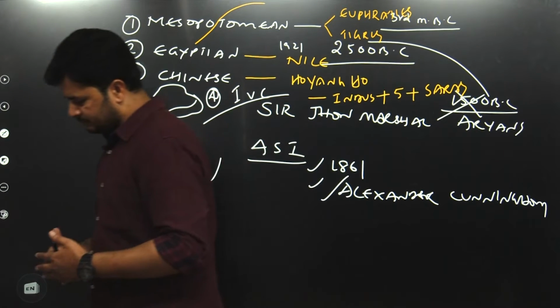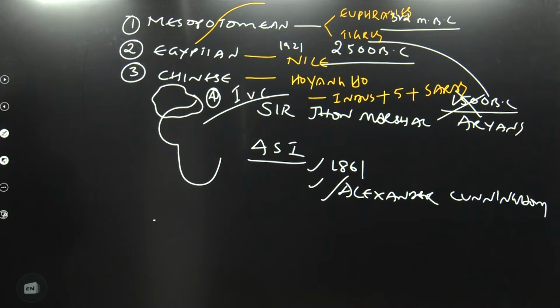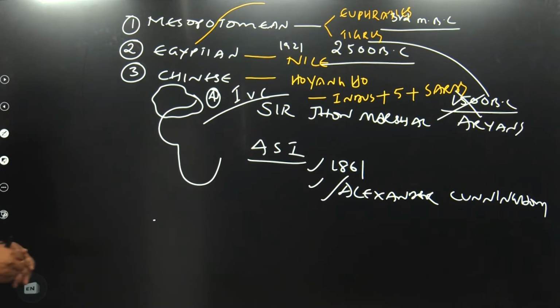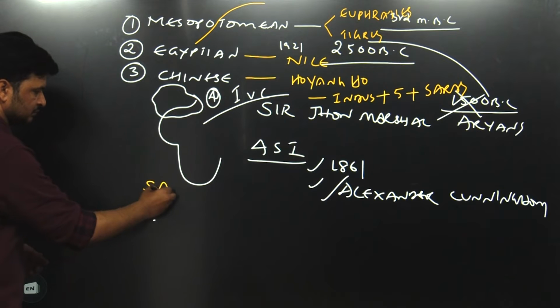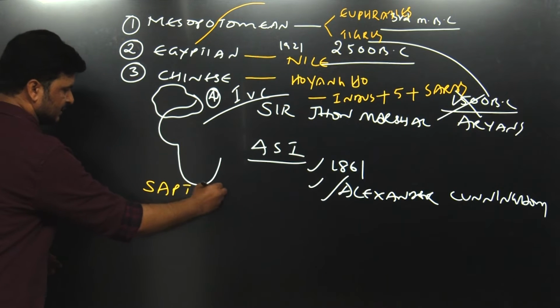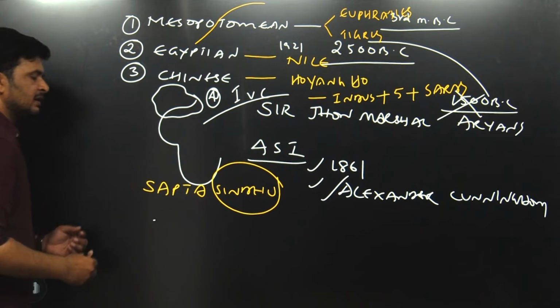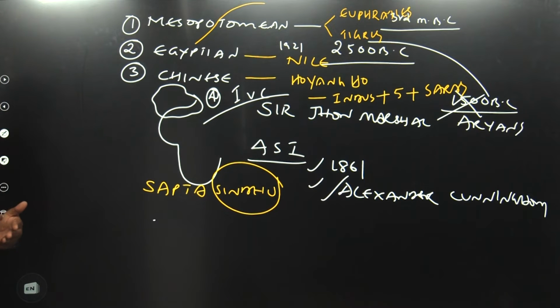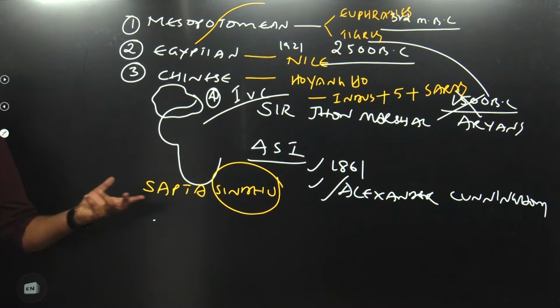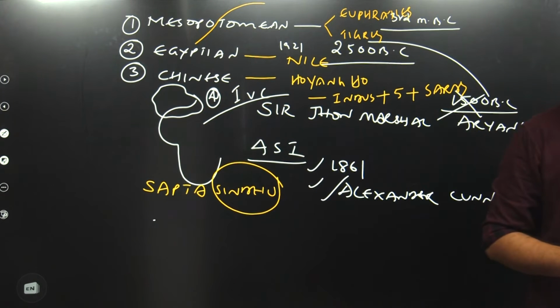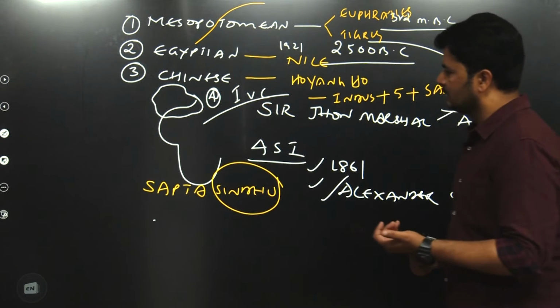We are going to learn a technical term called Sapta Sindhu. Sapta, 7. Sindhu, river Indus. River Indus and her 5 tributaries, and plus river Saraswati.